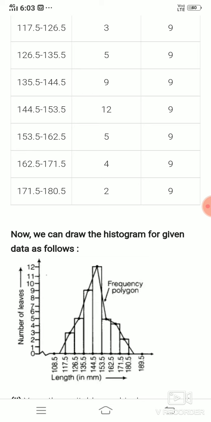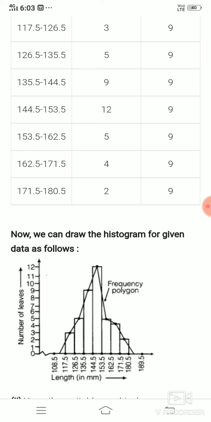You can use 1 centimeter for the first rectangle, the second centimeter for the second rectangle, and so on. We just need to keep the bars continuous, that's all. That is the histogram.